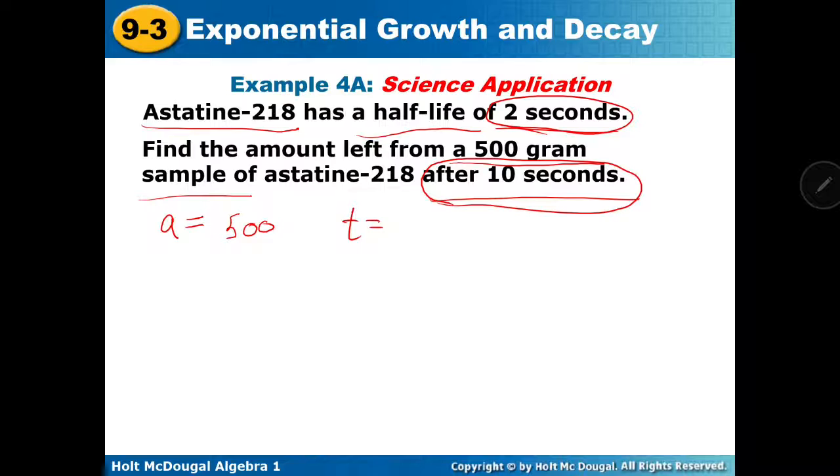How many times? 5 times. Why do we say that? Because its period takes 2 seconds, and it will take 10 seconds, that means 5 periods. It lost half its mass 5 times, because 10 divided by 2.